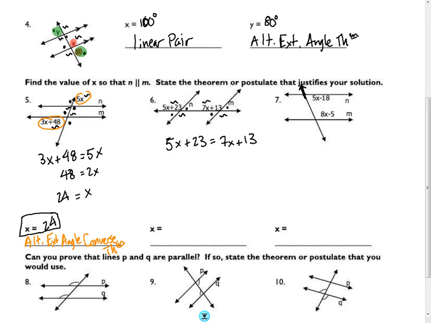In this case, this angle and this angle. If I'm using my angle relationship from last class, those would be corresponding angles. And since I'm using the converse, I'm trying to prove parallel, I'm going to say corresponding angle converse postulate.